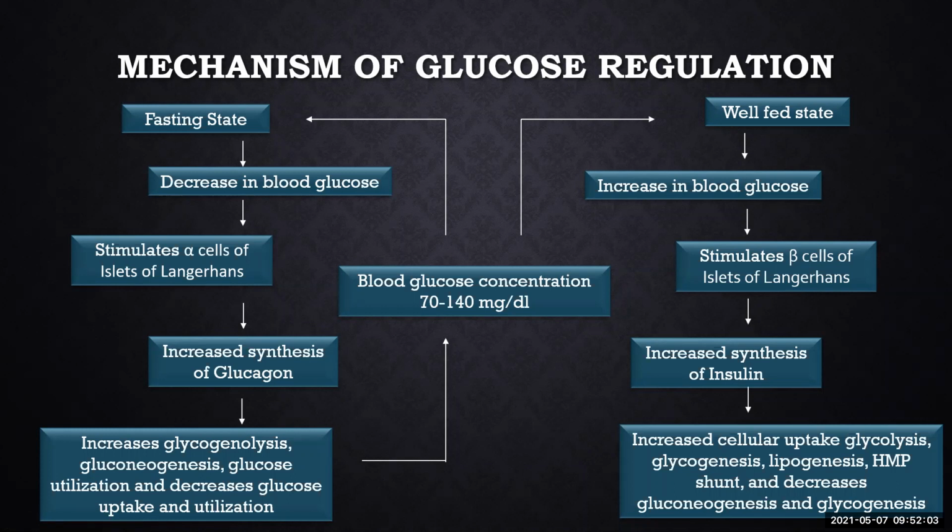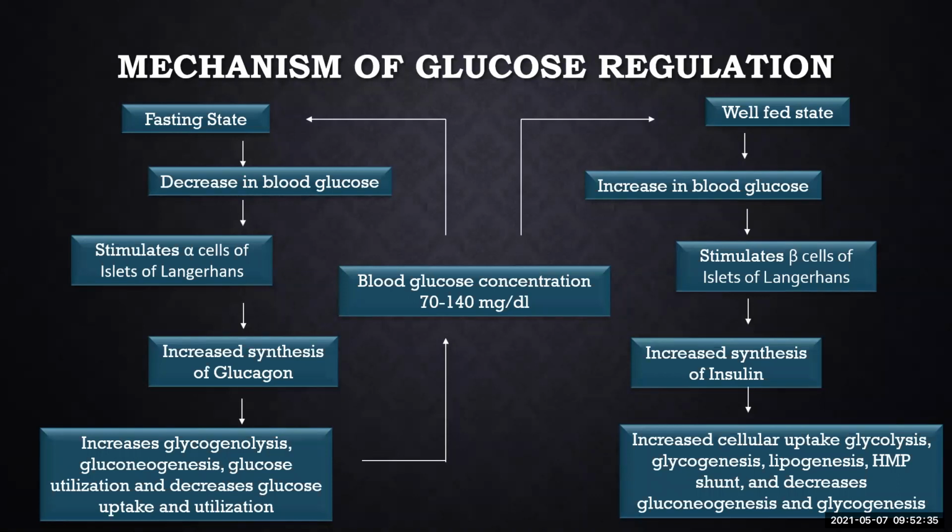It forces the entry of glucose into the cell either for production of energy through glycolysis or storage into glycogen through glycogenesis. It also promotes lipogenesis and the HMP shunt pathway, which is another breakdown of glucose, and decreases other sources. Okay, it decreases gluconeogenesis and glycogenolysis.